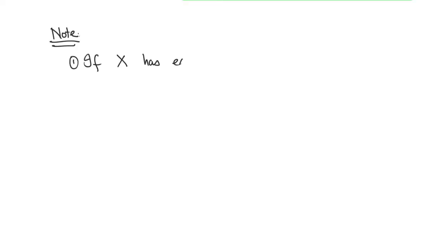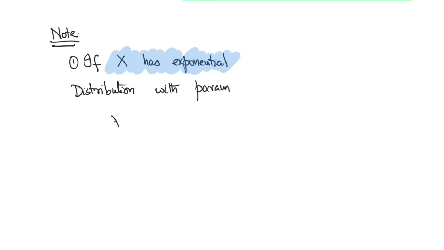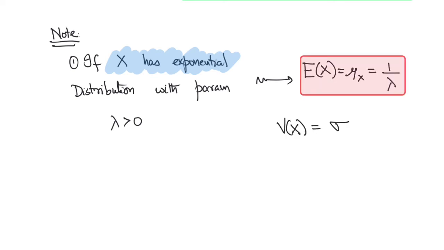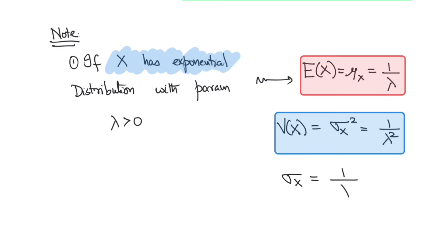Note that if x has exponential distribution with parameter lambda greater than 0, the expected value of x is going to be equal to 1 over lambda. The variance is going to be 1 over lambda squared, and the standard deviation will be 1 over lambda. An important application of the exponential distribution is when working with a Poisson process with rate alpha.